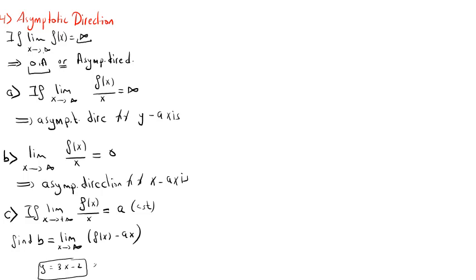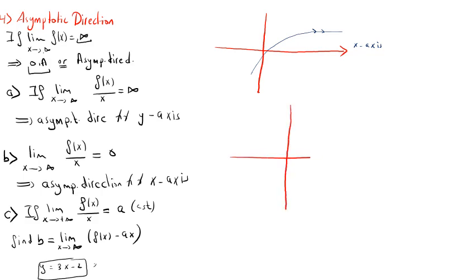Now let's see it graphically: how the asymptotic direction is parallel to the y-axis. Parallel to the y-axis like that. It continues at infinity, but it is parallel to the y-axis. Sorry, this one is parallel to the x-axis. This is the x-axis. And now at infinity it is parallel to the y-axis in this way.